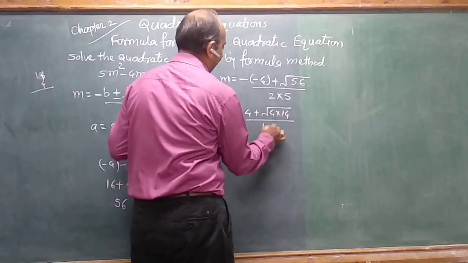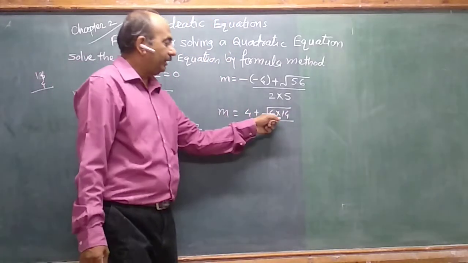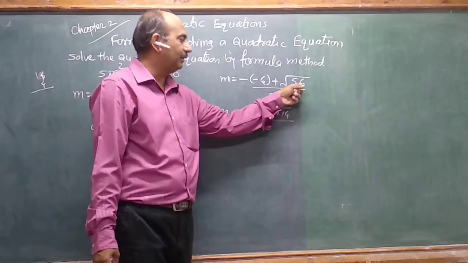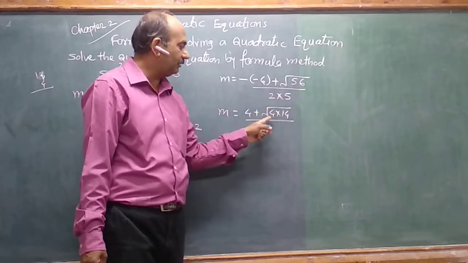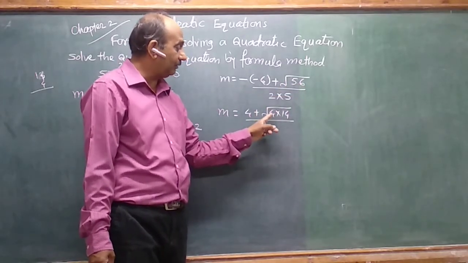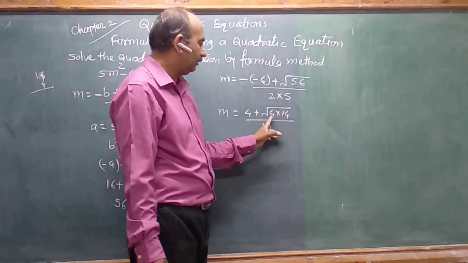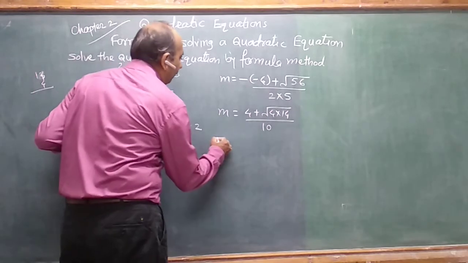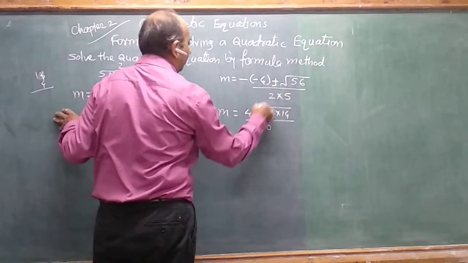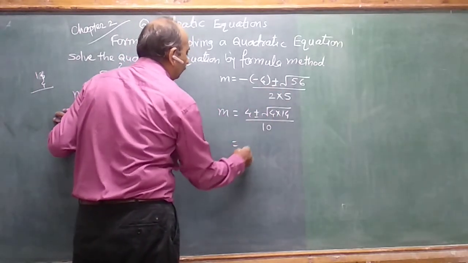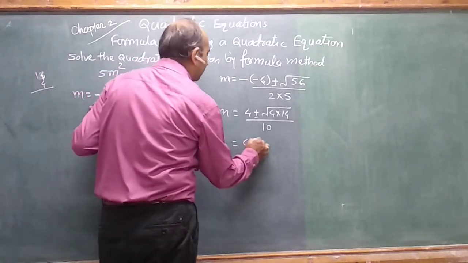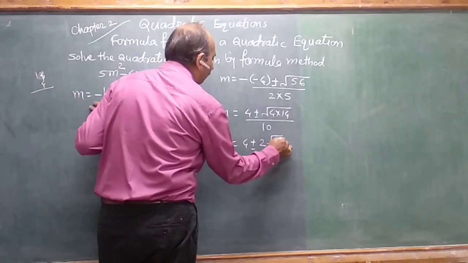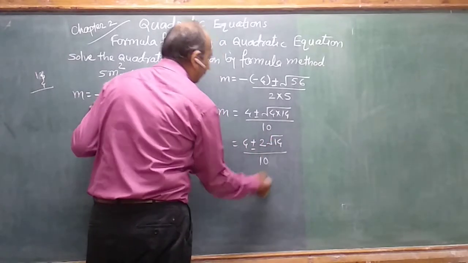Here I have factorized 56 in such a way that at least one number is a complete square. So 4 is a complete square and this is 14. So here m is equal to 4 plus or minus, take the square root of 4, that is 2, into square root of 14, divided by 10.